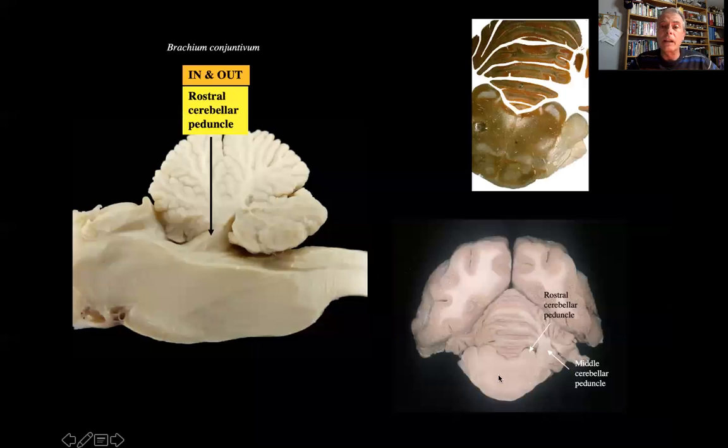So let's look at the cerebellar peduncles. The first is the rostral cerebellar peduncle, also known as brachium conjunctivum. And as you see in this dissection, this is a mid-plane section where I have removed part of the lingula. You see the mesencephalic aqueduct, the pons, the medulla oblongata, and this is the fourth ventricle.